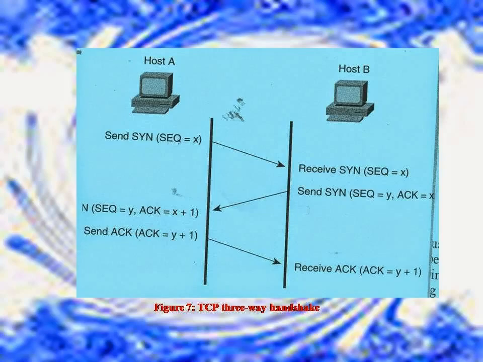Second, the other host receives the packet, records the sequence number of X, replies with an acknowledgement of X plus 1, and includes its own initial sequence number of Y. The acknowledgement number of X plus 1 means that the host has received all octets up to and including X and is expecting X plus 1 next.